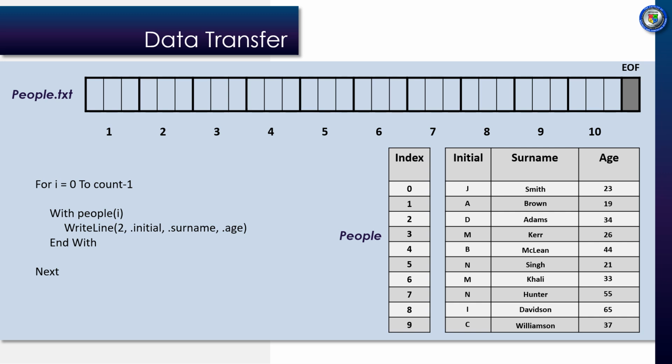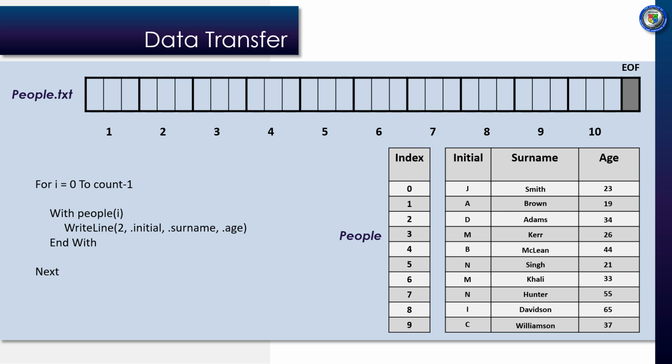So we have 10 indexes that we want to output. As we mentioned in the last slide, we'll use the with end with statement with our array of records name, which is people, and we will refer to that constantly using its index reference, which in this case is I also, which is controlled by the loop variable I as it increments and iterates around the loop.